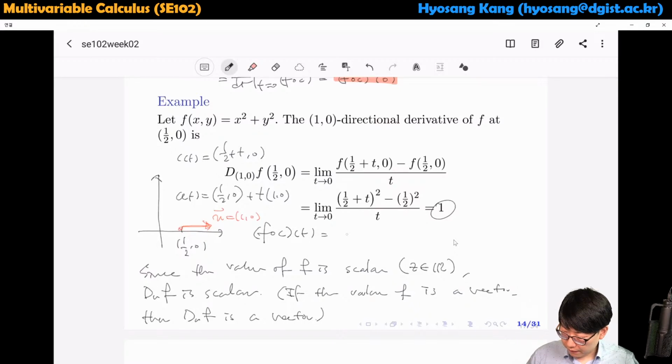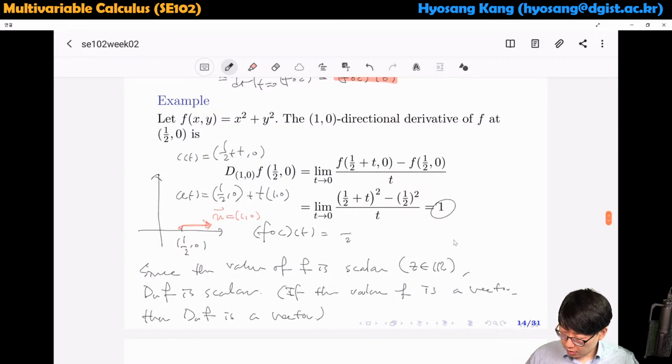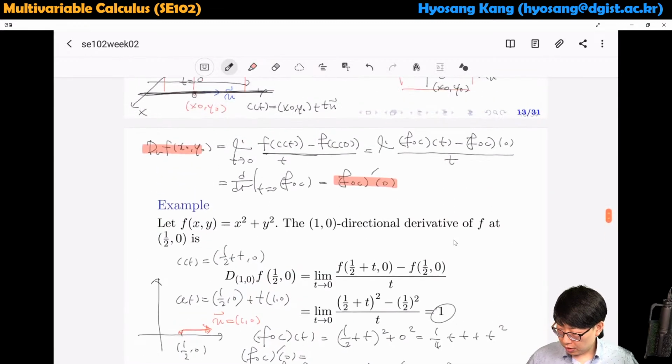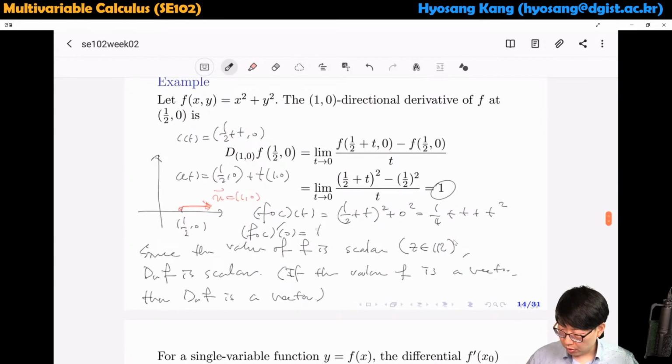If I compose f and c, I get (1/2 + t) squared plus 0 squared, so we have 1/4 plus t plus t squared. Then the directional derivative is simply the derivative of this single variable function at t equals 0. We get rid of the 1/4, and the t squared term disappears because t equals 0, so only 1 remains. So we have the same value.